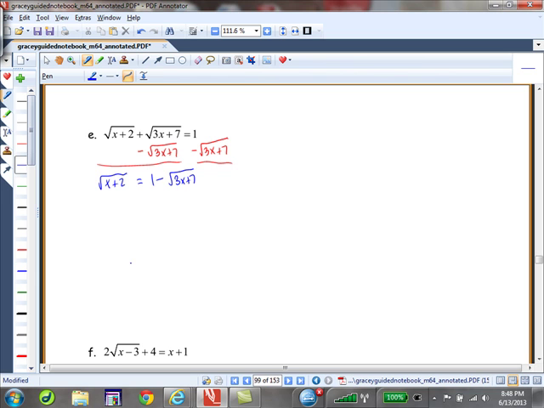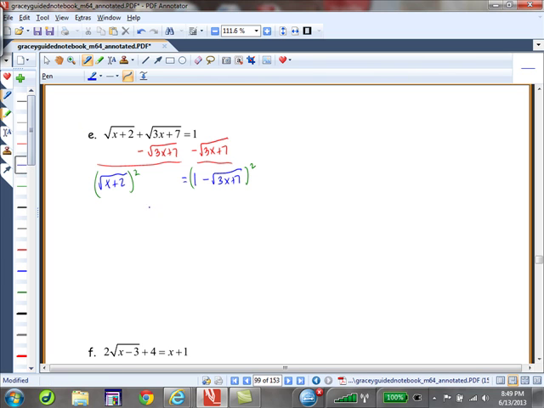We okay with that so far? And let me just line it up so you can see. It zeroes out on the left side and we get 1 minus the square root of 3x plus 7 on the right. Now, whenever you have two radicals like this and you have one term that's not a square root, you're going to end up having to square both sides of the equation at two different times during this process.